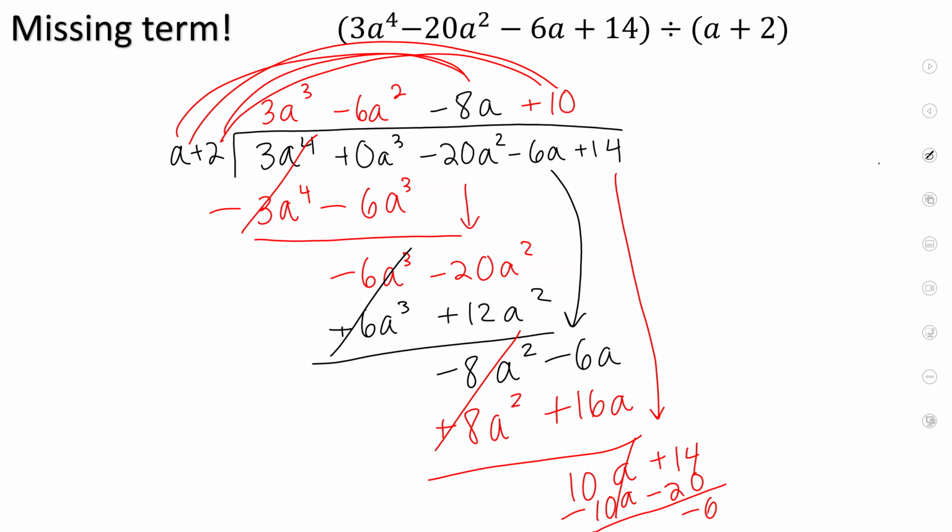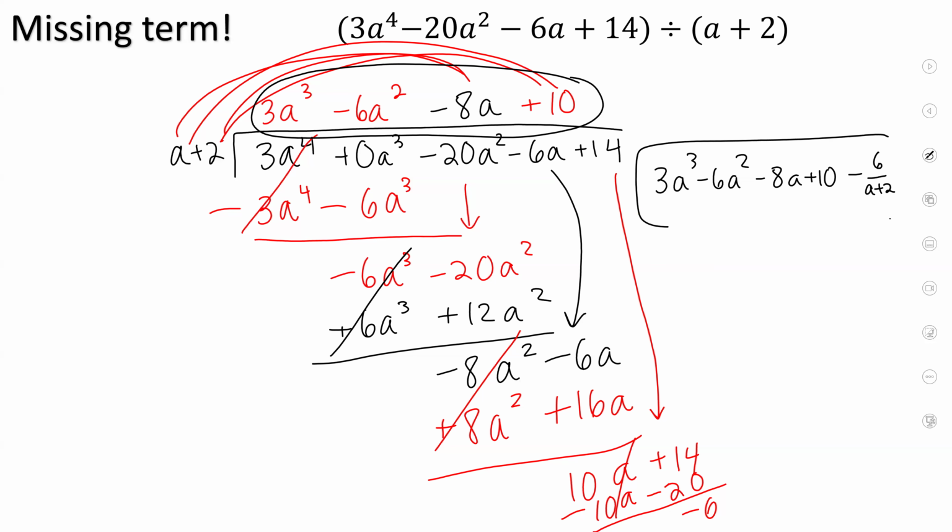Did you guys get that? Perfect. So your final answer is everything up here. You get 3a cubed minus 6a squared minus 8a plus 10, and your remainder is -6 over a plus 2. That's your answer.